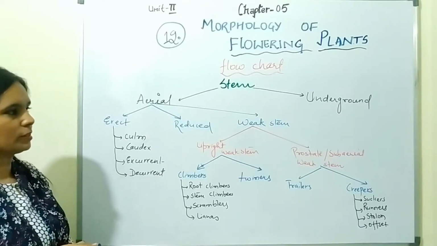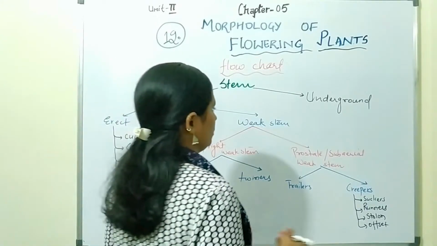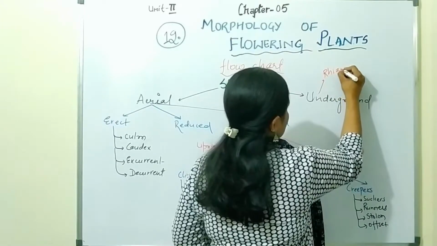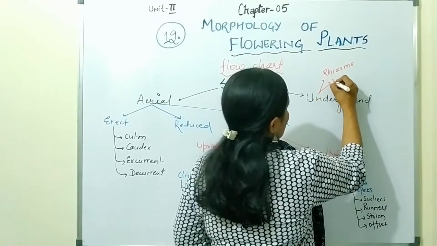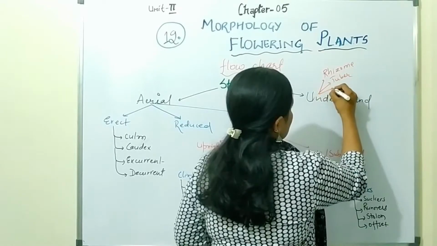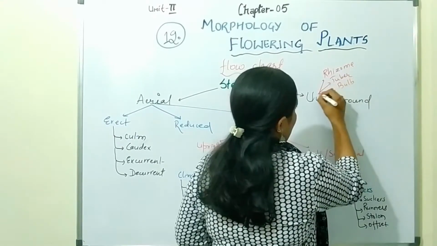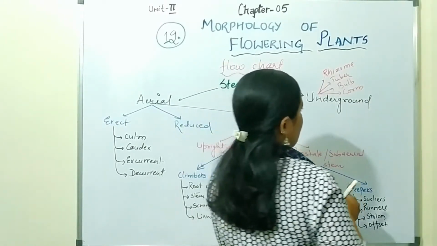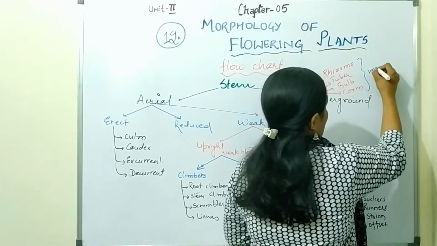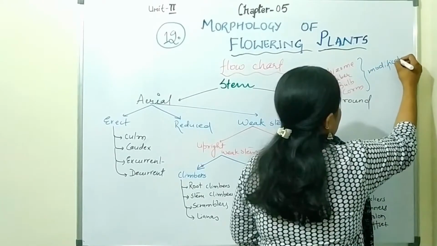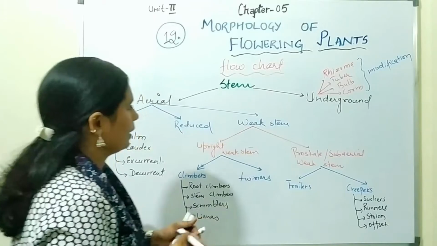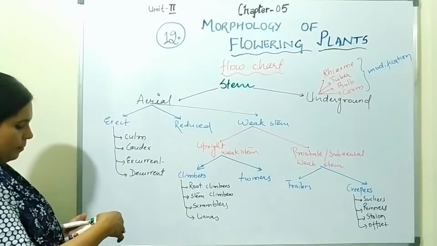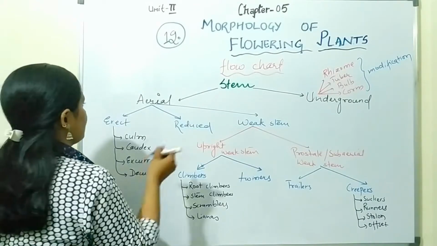Then in underground stem modification, we had to talk about rhizome, tuber, bulb and corm. These were the modifications of underground stem.